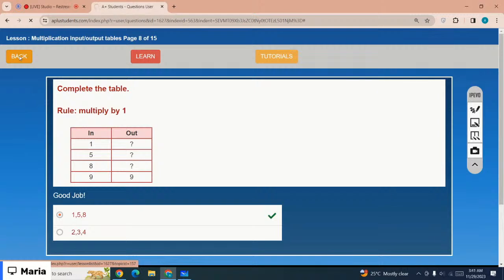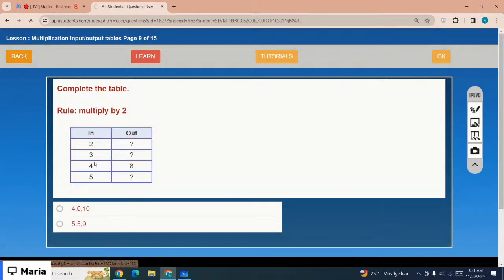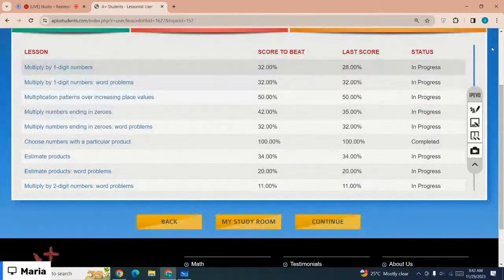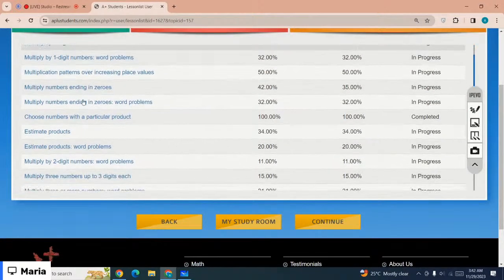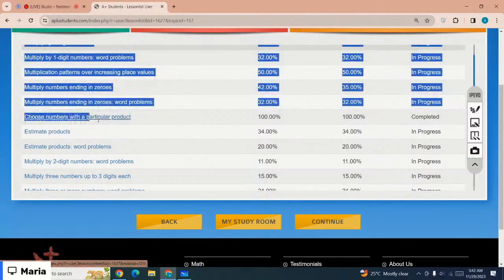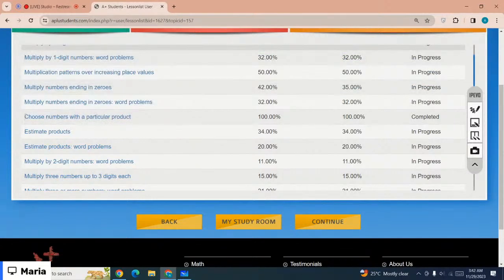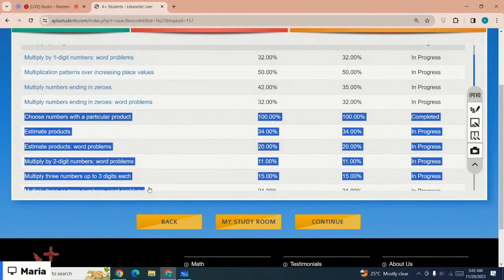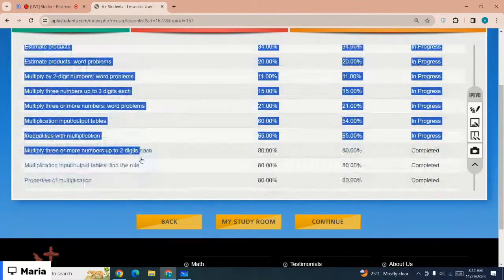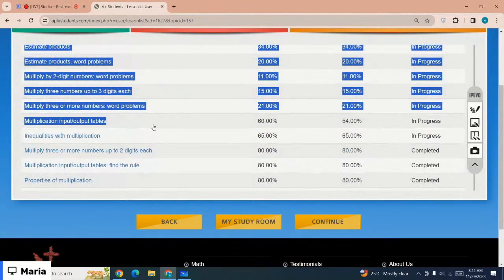So we were working on grade 5 math. The chapter we were working on is multiplication, and the lessons we have covered today are multiply numbers ending in zeros, choose numbers with a particular product, estimate product, estimate product word problems, multiply by two-digit numbers word problems.